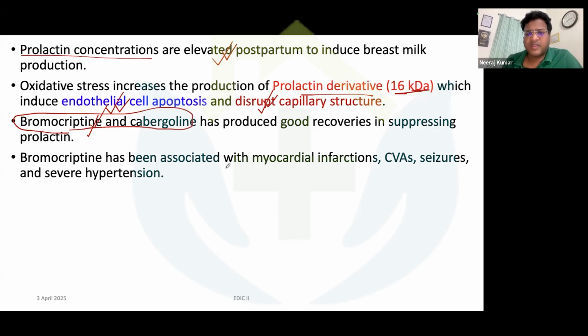The only thing with bromocriptine is that the chances for MI or myocardial infarction, seizures and severe hypertension will be more, because on using bromocriptine the hypertension and the myocardial infarction or insufficiency will be there.